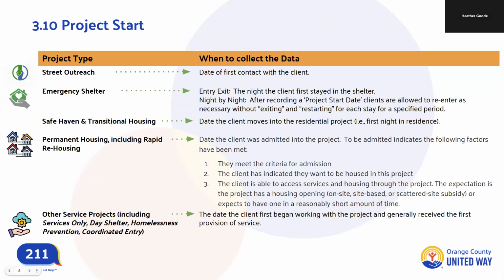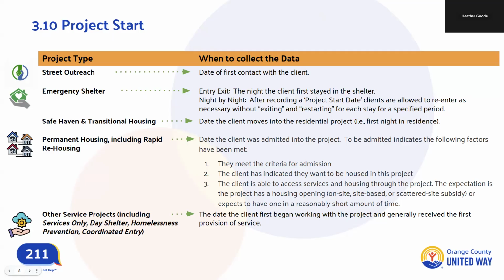So different project types use the project start date differently to address the difference in the meaning associated with, quote, starting residential service and permanent housing projects. So for street outreach, this is the date of the first contact with the client. For emergency shelter entry exit, this is the night the client first stayed in the shelter.